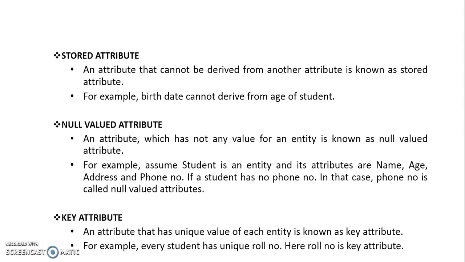So such an attribute is known as a key attribute. You can define a constraint like primary key on such attributes, because for primary key there are 2 conditions: the value should be unique and it should not be null. Roll number cannot be null, and also it is unique.